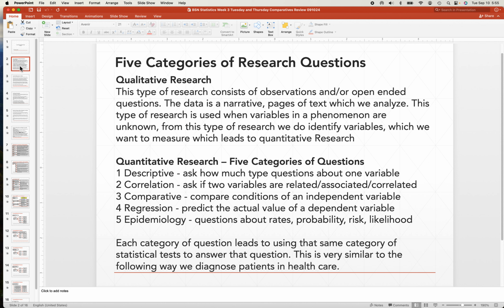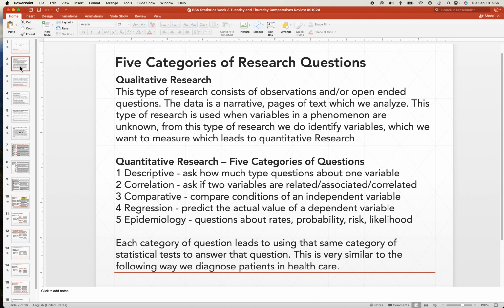So if I were to ask a question such as, is there a relationship between job satisfaction in nurses and years of experience as a floor nurse in a hospital setting? Because I use that one word, any of these, related, associated, correlated, or relationship, association, or correlation, then we would know that that's a correlation question that calls for a correlation study. We analyze that with a correlation test.